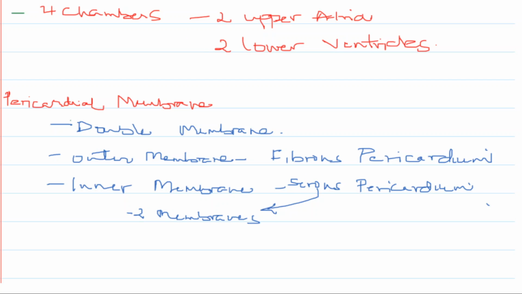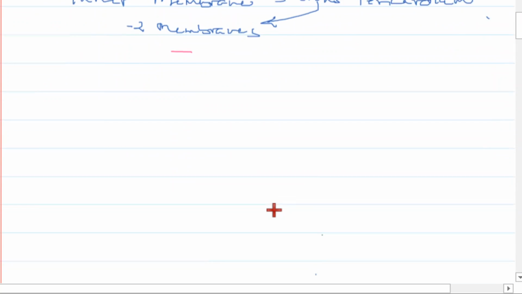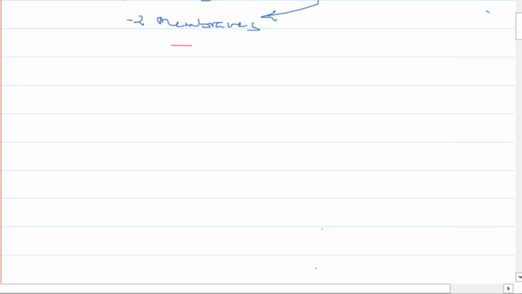They are called, first one is the outer parietal layer and the inner visceral layer.